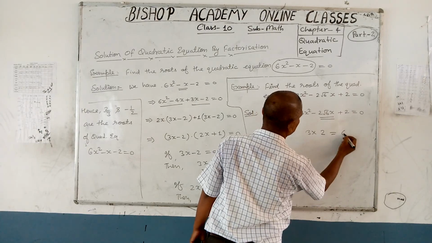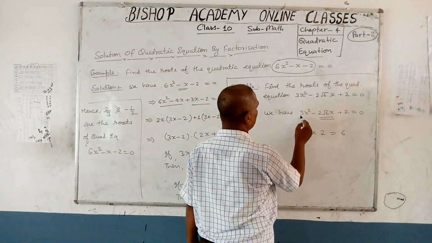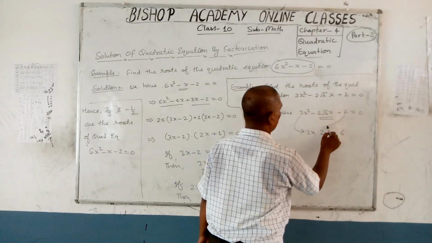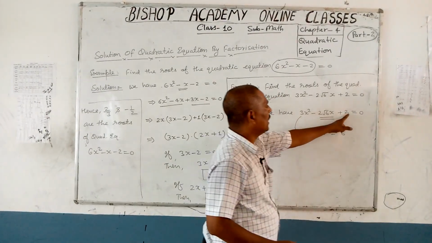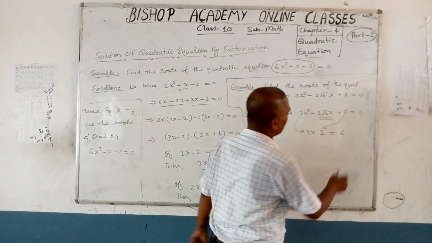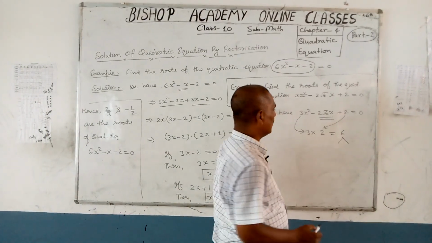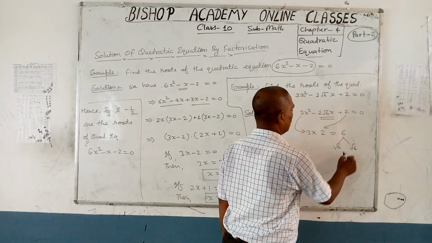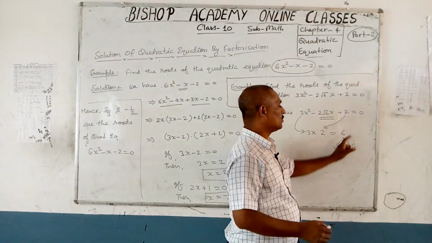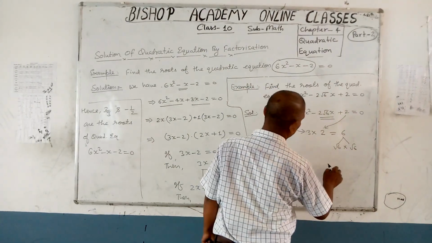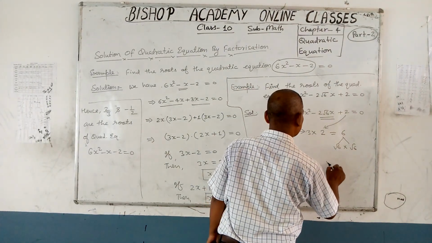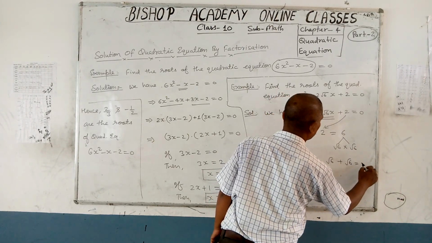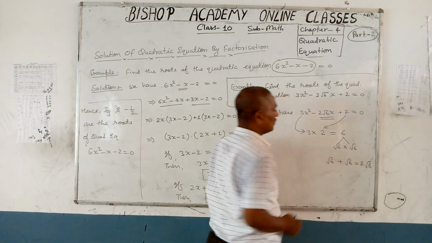Multiply this 3 and this 2, so the product is equal to 6, and two factors of 6, you will take root 6, root 6. Root 6 multiply root 6 is equal to 6, and you know that 1 time root 6 plus again 1 time root 6 is equal to 2 times root 6.